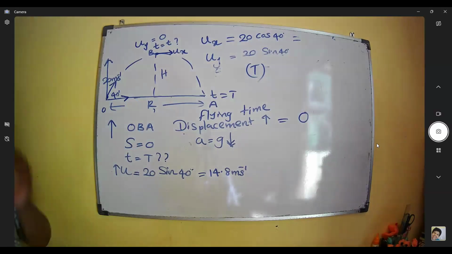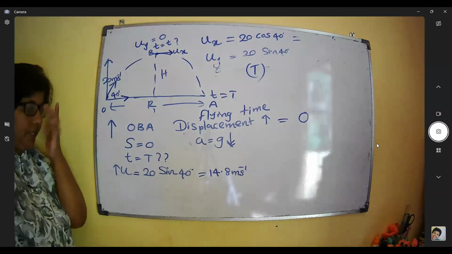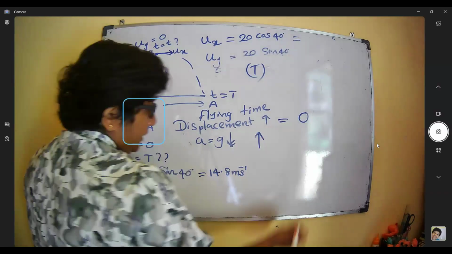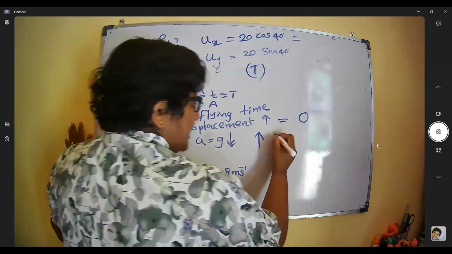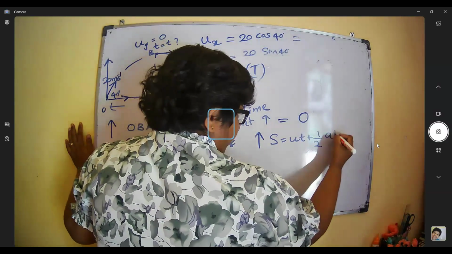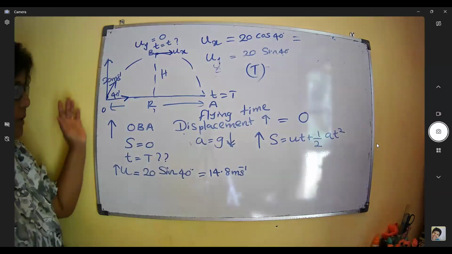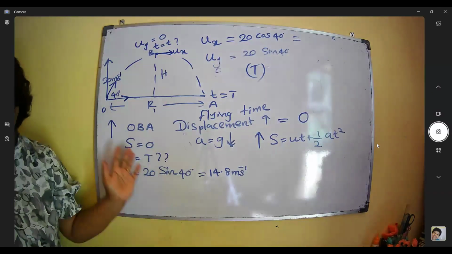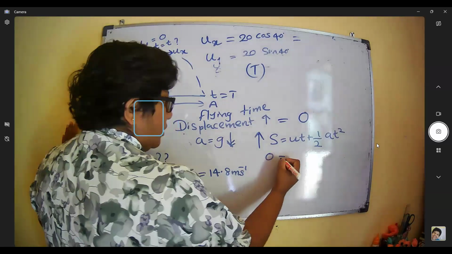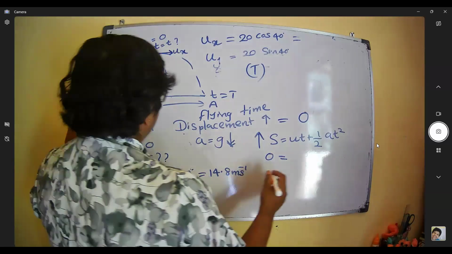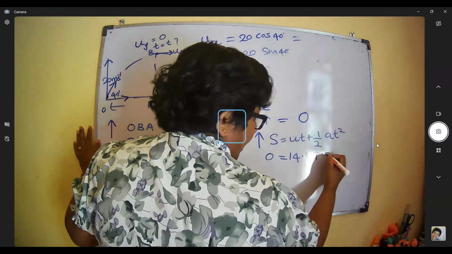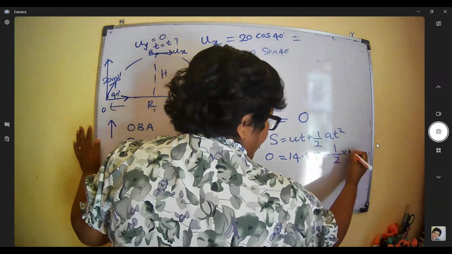Then applying the equation S is equal to ut plus half at squared for the total motion OBA, considering vertical motion, S is equal to 0, and U is 14.8 into capital T minus half into 10 into capital T squared.